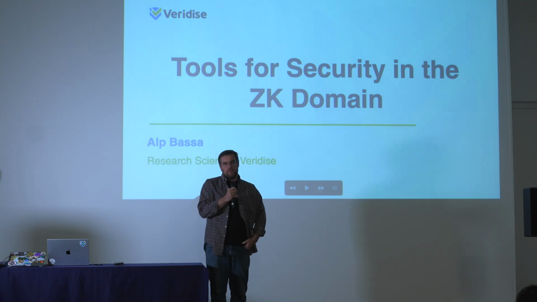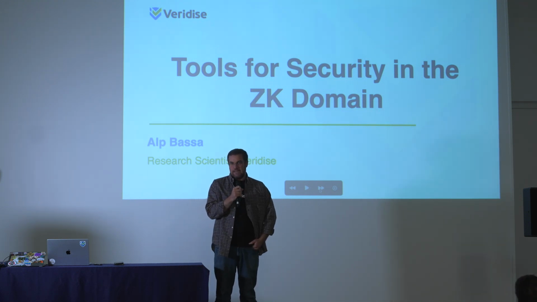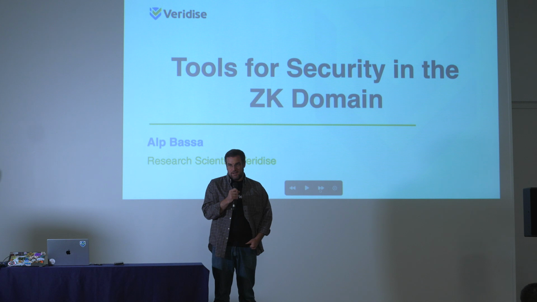And as people doing formal verification, we really like tools, and at Veridise we have our own tools to detect bugs and vulnerabilities in an automated way in various circuits and systems, which becomes more and more important as the scale of things grows.